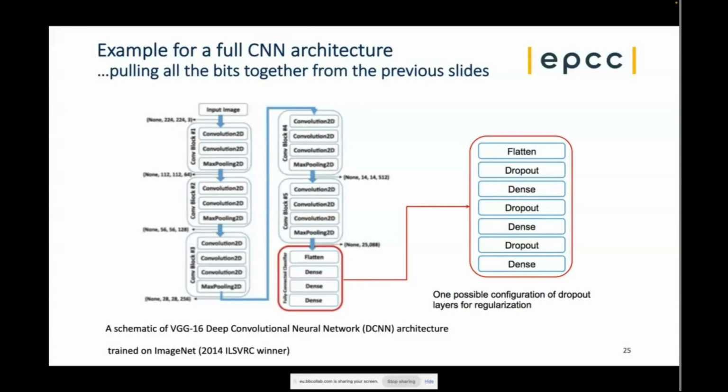VGG16 is one of the examples of these, and this is what it looks like. So we've got an input image that goes into 2 convolution layers followed by a max pooling layer, and then 2 convolution layers followed by a max pooling layer, then 3 convolution layers followed by a max pooling layer.